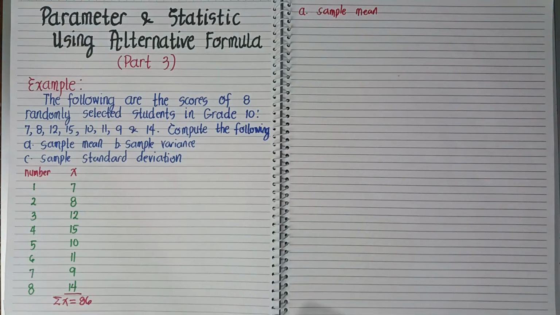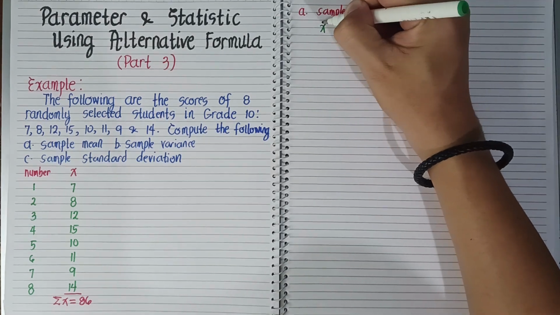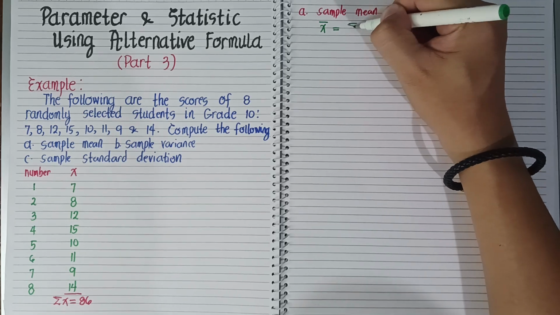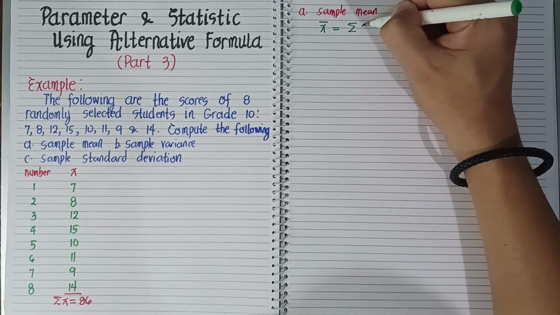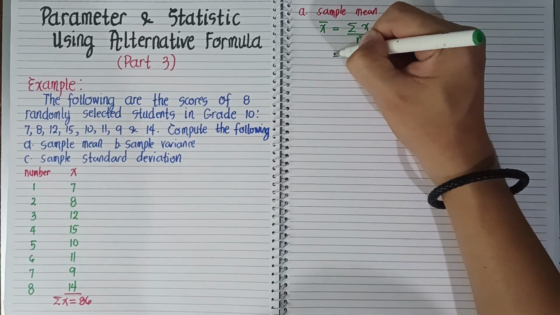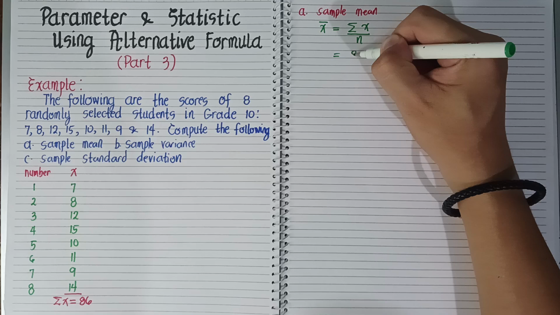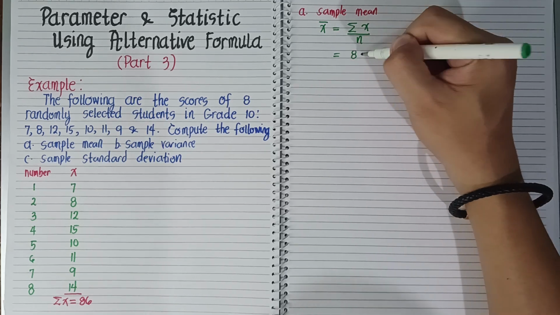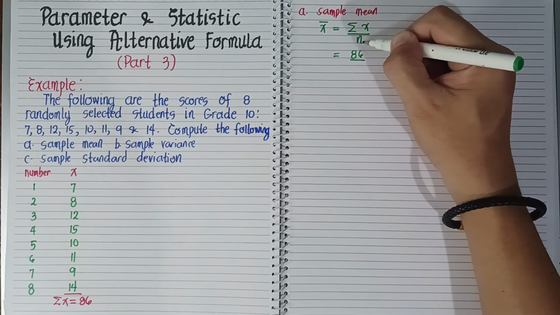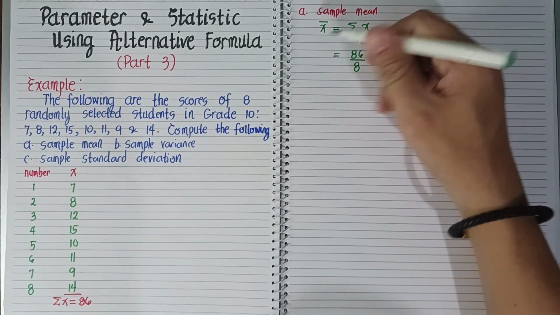The formula is given by, do not forget, X bar is equal to the summation of X divided by N. So, summation of X, which is 86, we can plug in 86 divided by 8, since our N is 8.